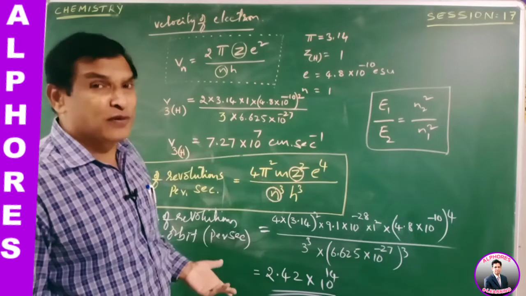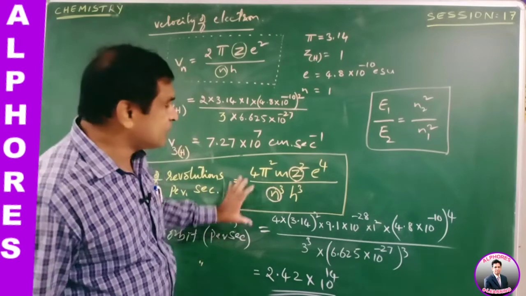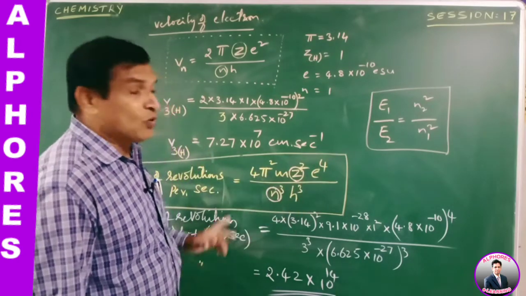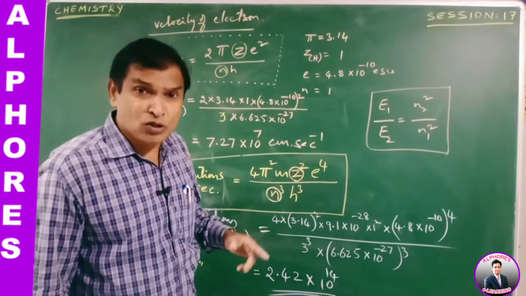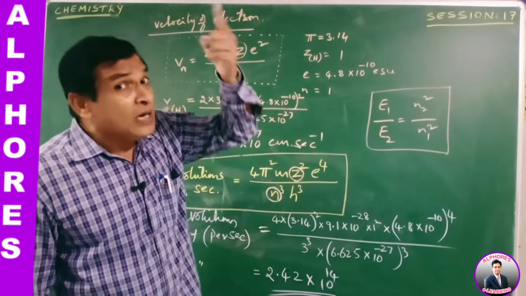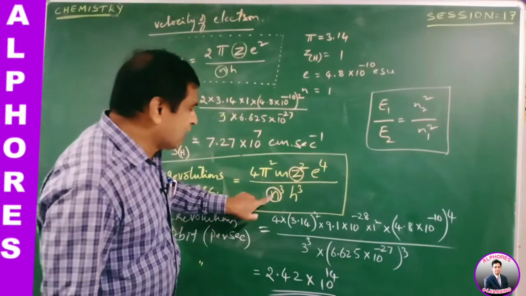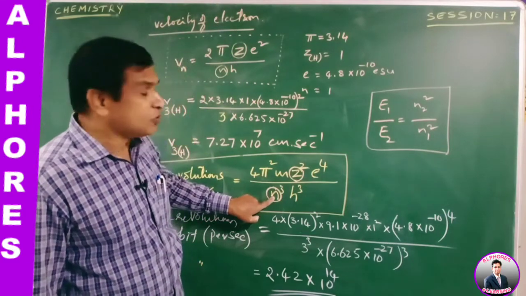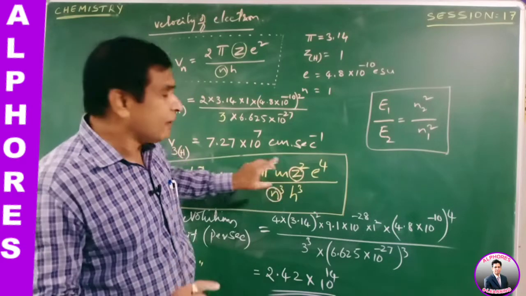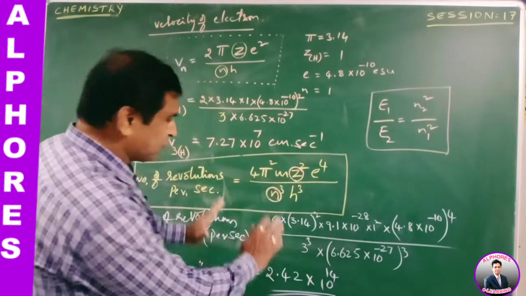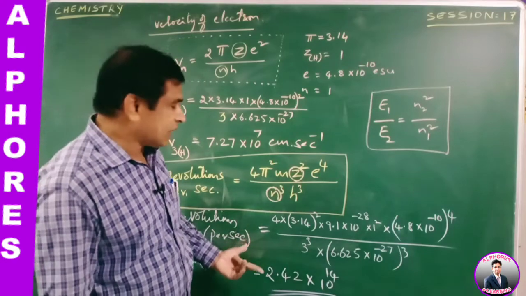Say the second orbit of hydrogen, n is equal to 2, everything else is common. Now suppose I want to calculate the number of revolutions made by the electron in the second orbit of lithium 2 plus. Second orbit means n is equal to 2. For lithium 2 plus, the atomic number of lithium is 3. Okay, so substitution and careful calculation give the correct result.